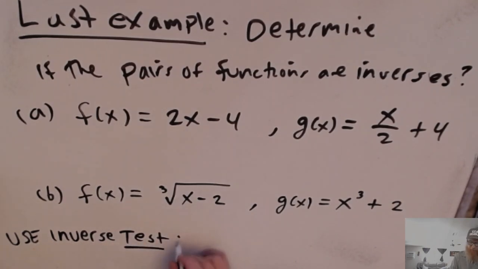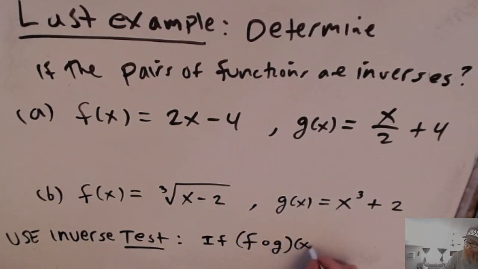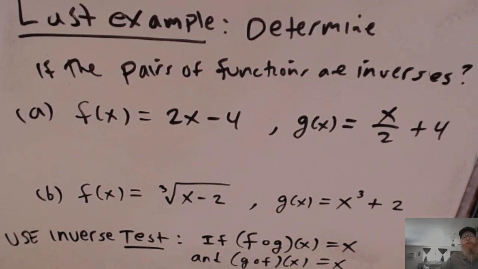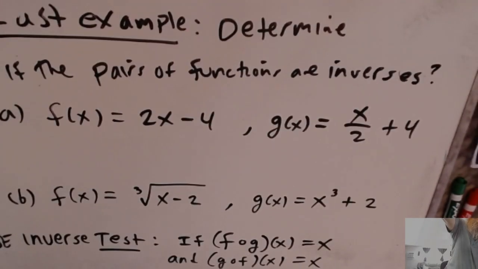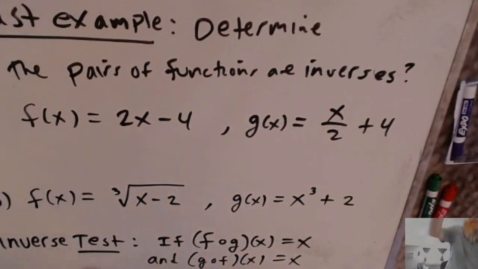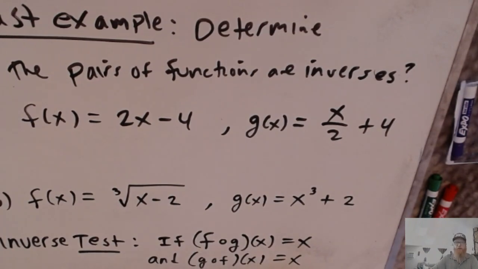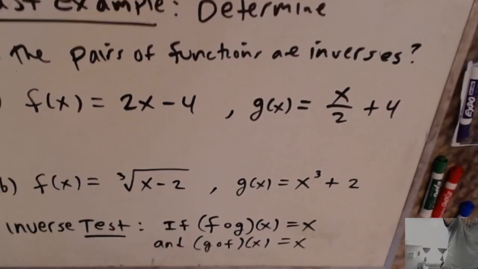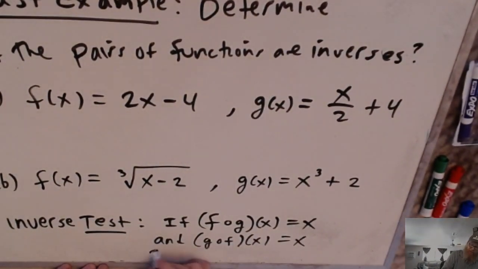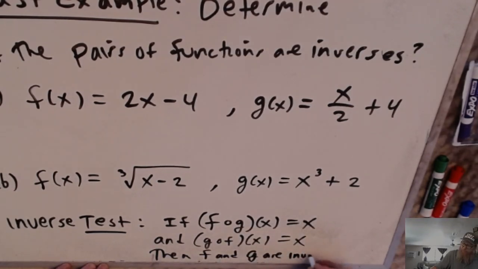So we have a test. We call this the inverse test. If f of g is equal to x and g of f is equal to x, so we're going to review our f of g's and our g of f's, if both of these functions are equal to x, then f and g are inverses.